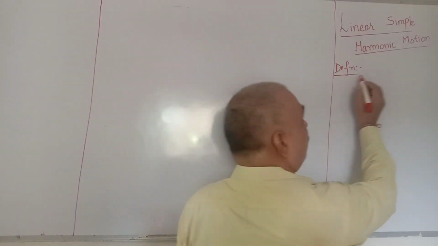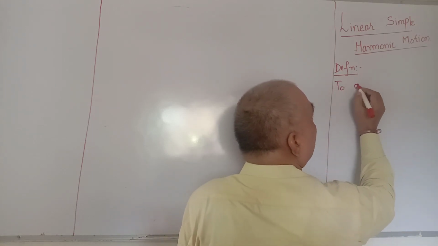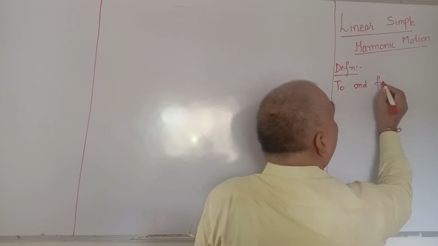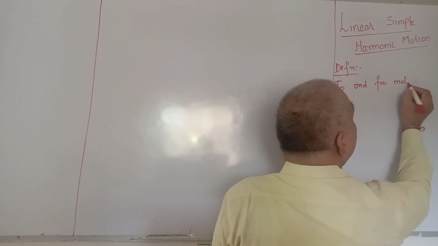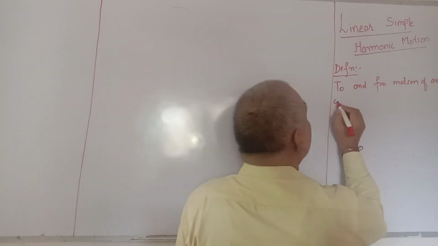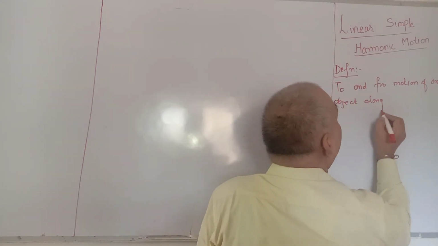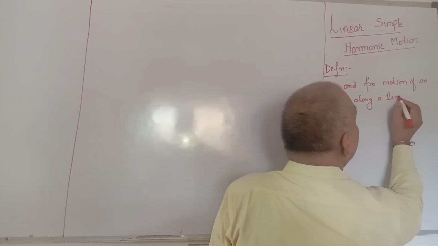So how to give the definition of linear simple harmonic motion? It is to and fro motion of an object along a linear path.